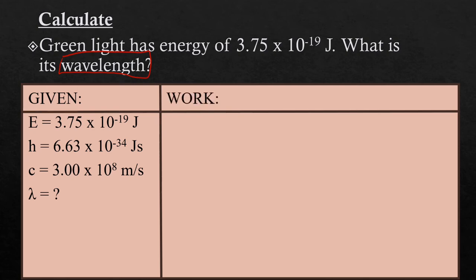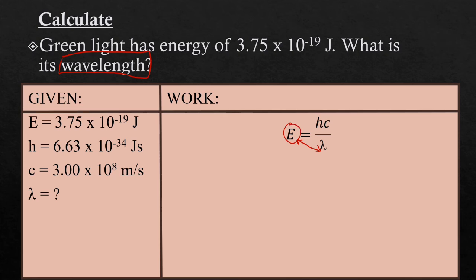Now, the equation, E equals hc divided by wavelength. So there's a neat little trick here that we can use in order to isolate wavelength. Wavelength, notice, is on the bottom of that fraction. So when the variable you're looking for is on the bottom of a fraction, you simply move it to the other side of the equal sign and switch places with the variable you have there.